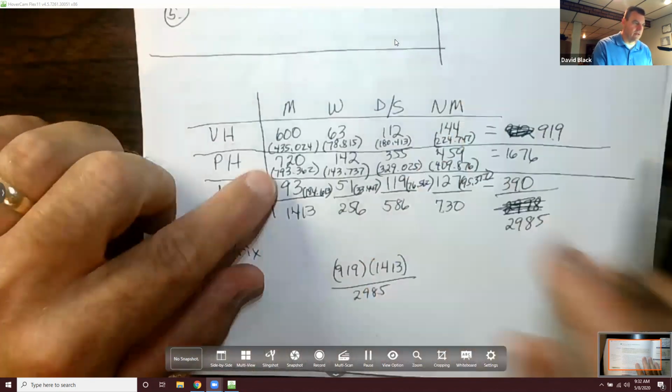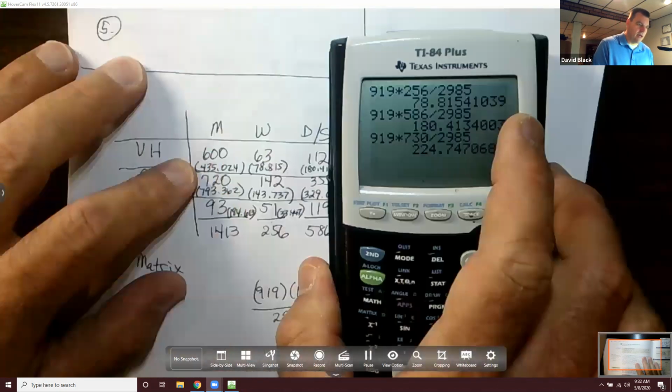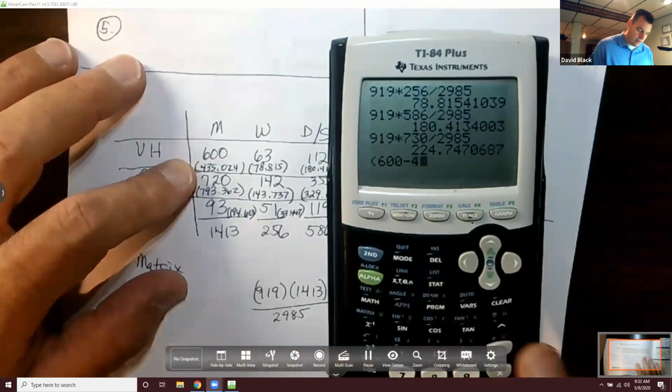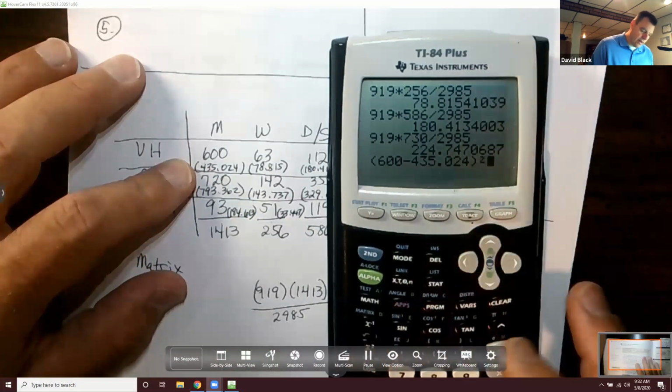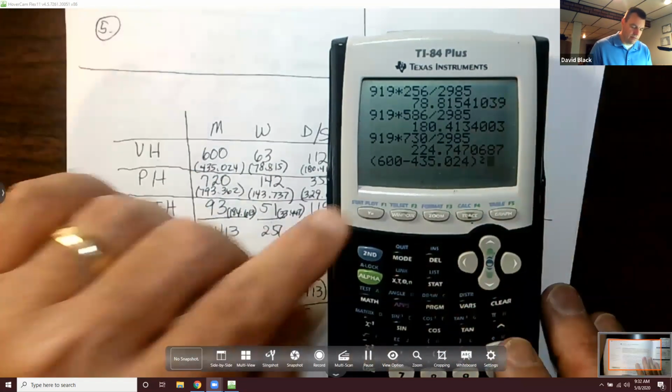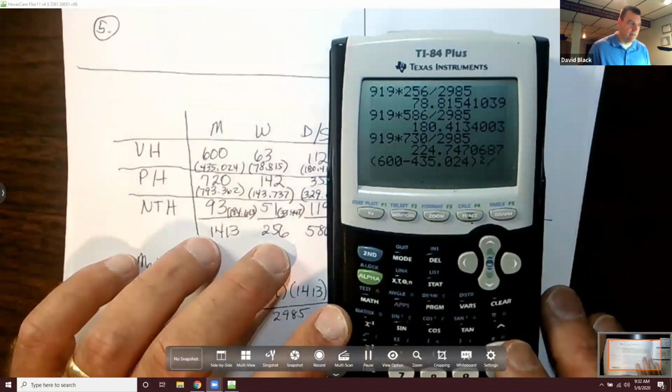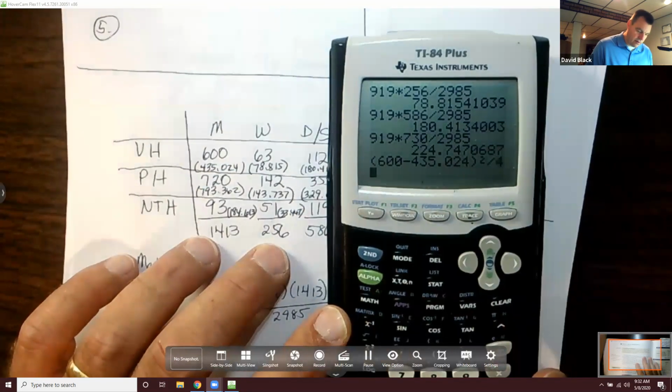So in other words, for this first cell, I would take 600 minus 435.024, square that, so that's observed minus expected squared, and divide it by the expected value of 435.024.